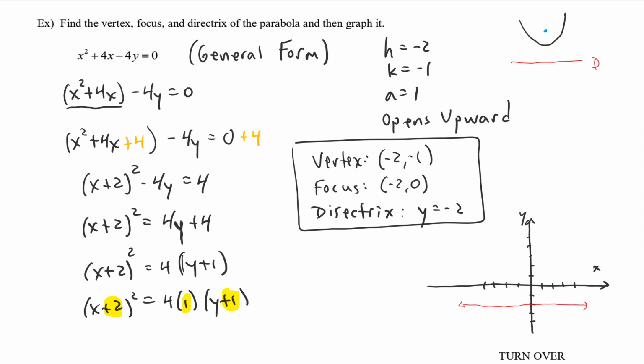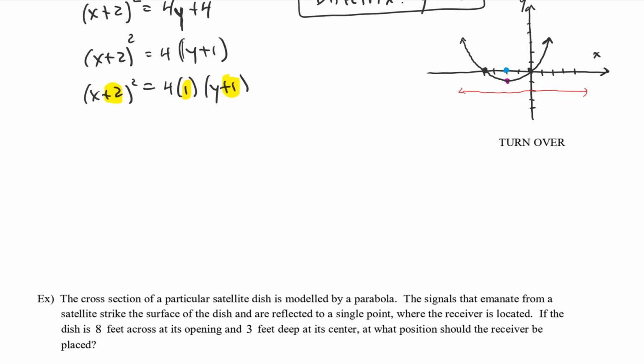My vertex is -2, -1. Focus is -2, 0. And then a is 1. So if I double that, I get 2. So I'm going to go 2 to the right and 2 to the left to get the endpoints of the latus rectum. And then draw my parabola in. Okay, last one.